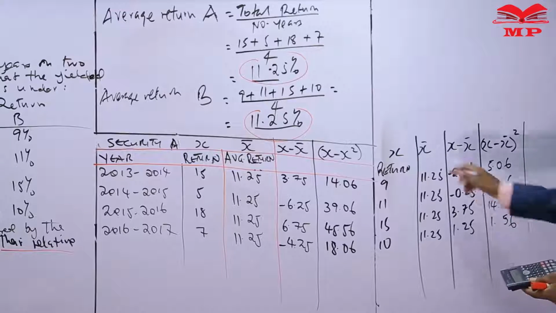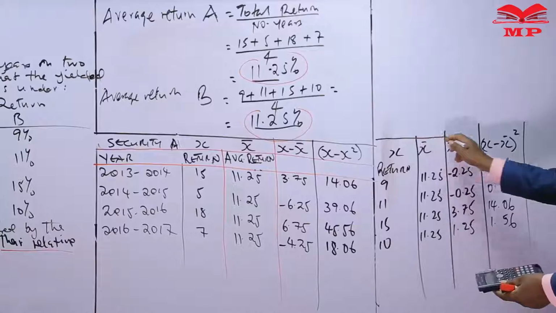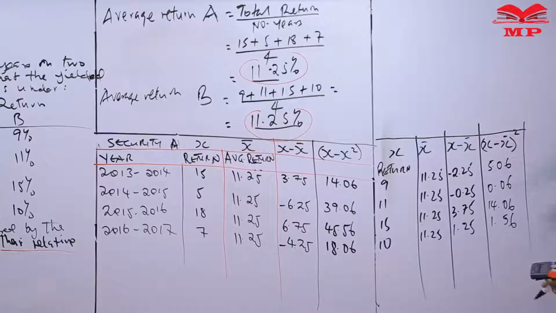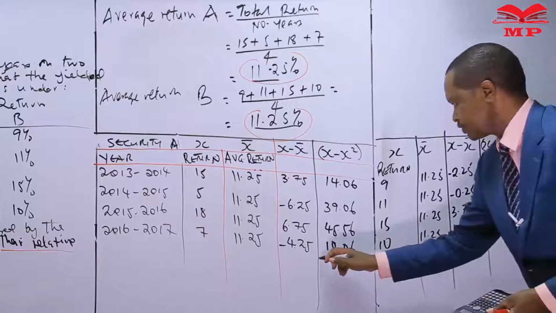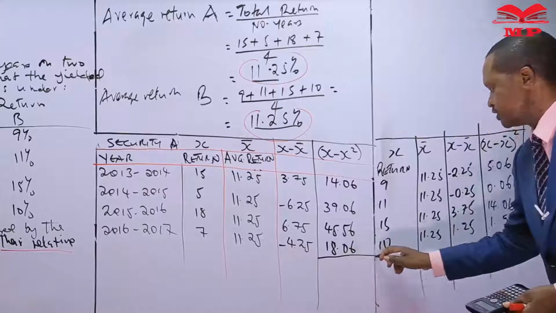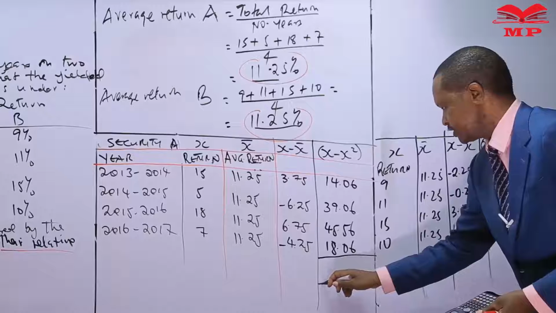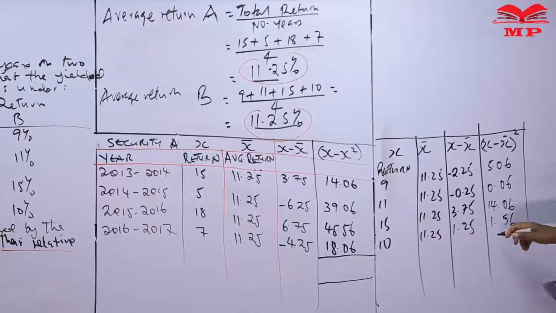These are the deviations squared. So next step is to get the total of the deviations squared.